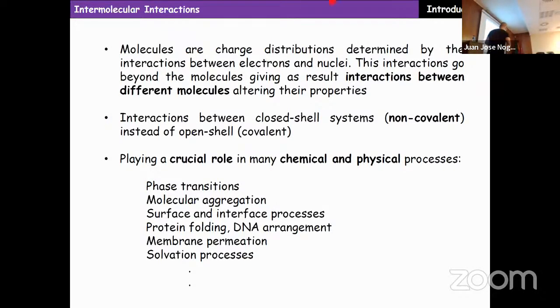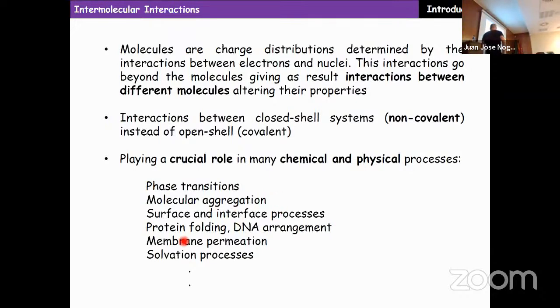Okay, so are these intermolecular interactions important? Crucial, not just important. Very, very important. Okay, why are they very, very important? Because they play a crucial role in many chemical and physical processes. For example, they govern the phase transitions, you know, from a condensed phase to a gas phase, for example.